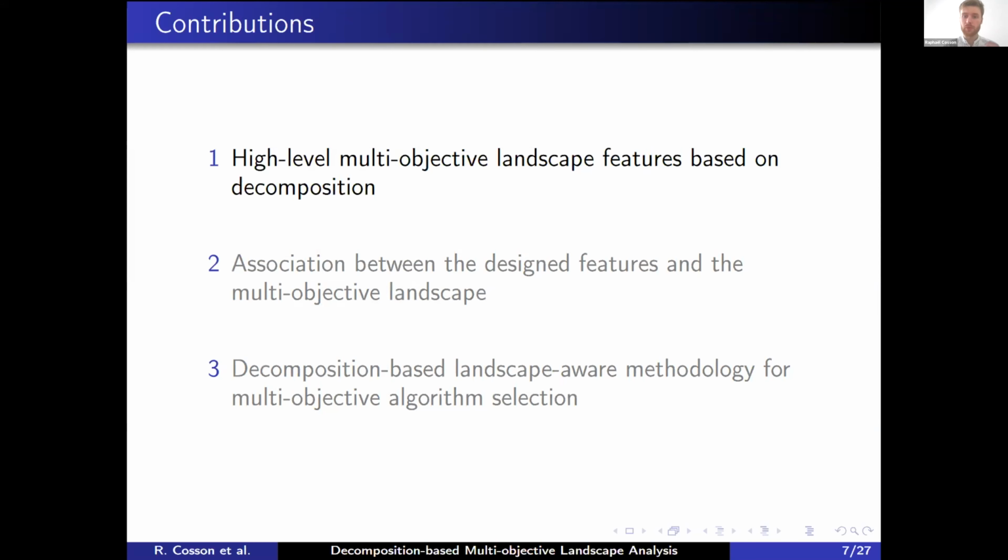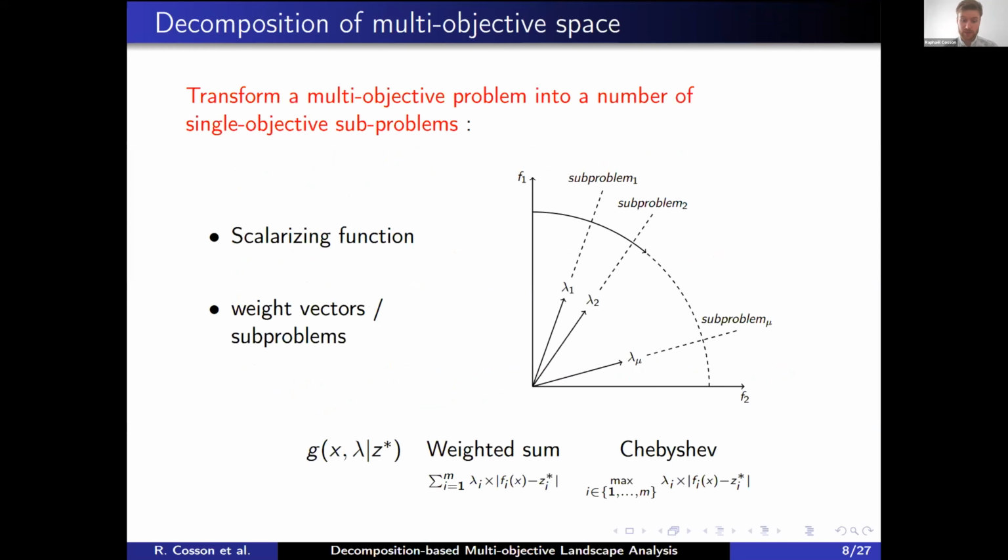So first, what is the approach that we propose? Decomposition is a strategy that we can find in many multi-objective algorithms, in particular in the framework MOEA, and it aims at transforming a multi-objective problem into a number of single-objective sub-problems.